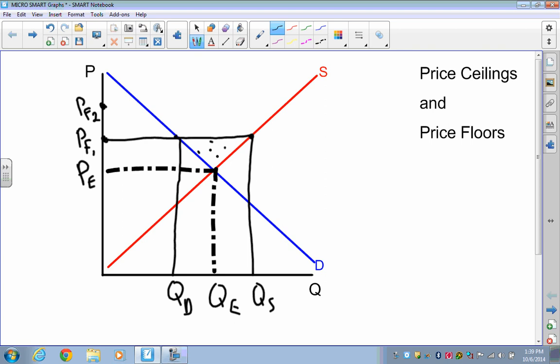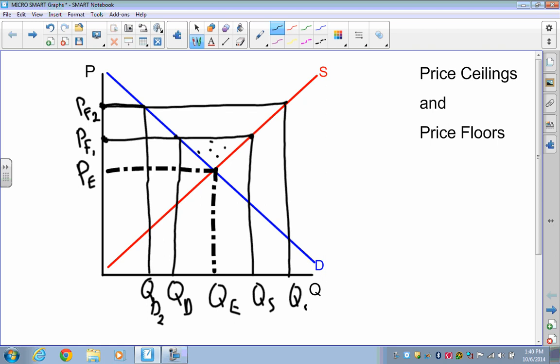What else? A larger quantity supplied. So we're going to go ahead and find our quantity demanded for 2 here, and then we go all the way over to here. There's our quantity supplied. And we would end up with what? Yes? A larger dead weight loss.